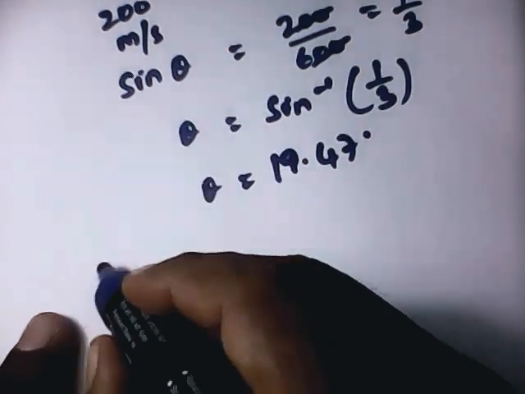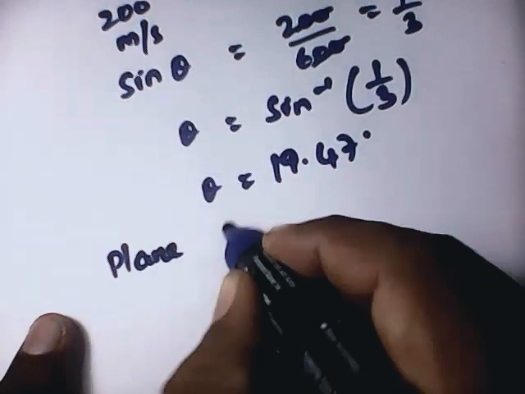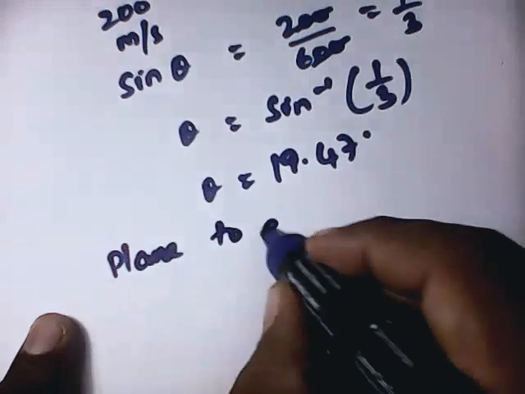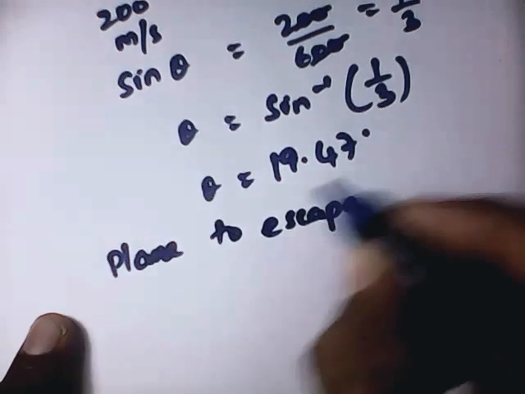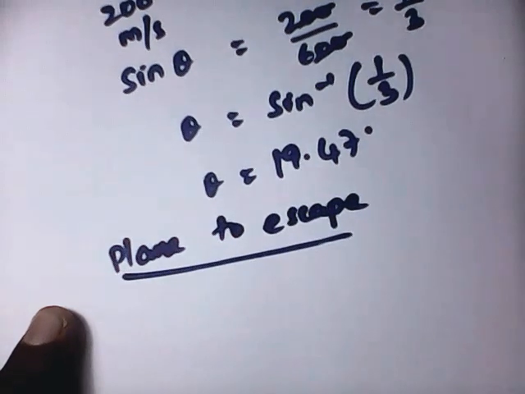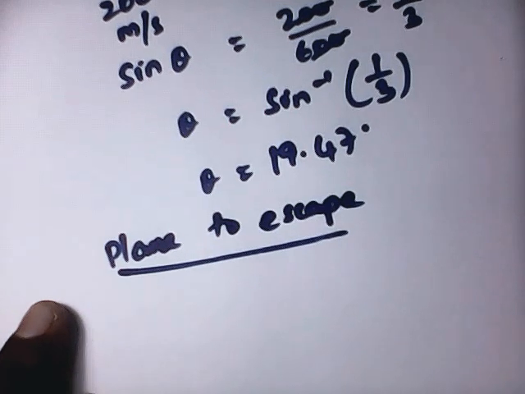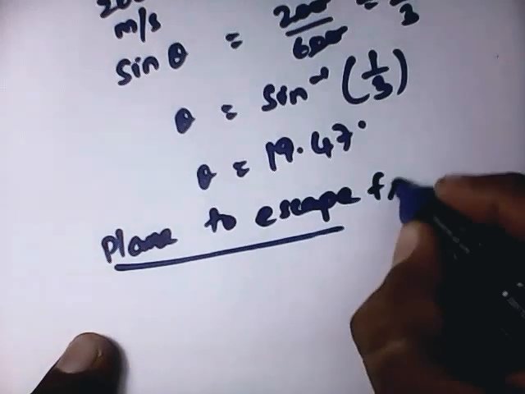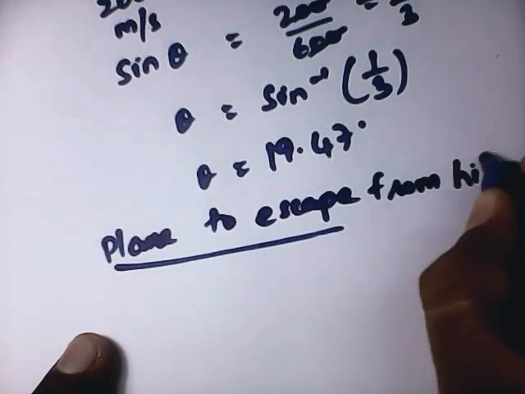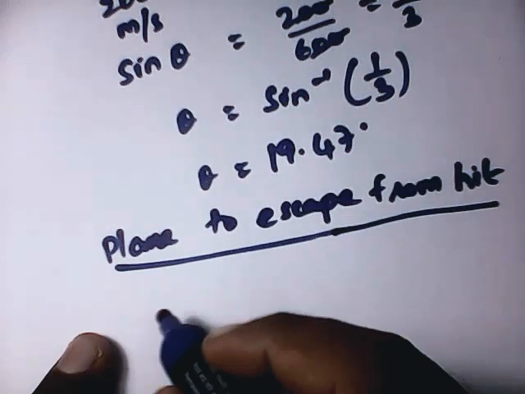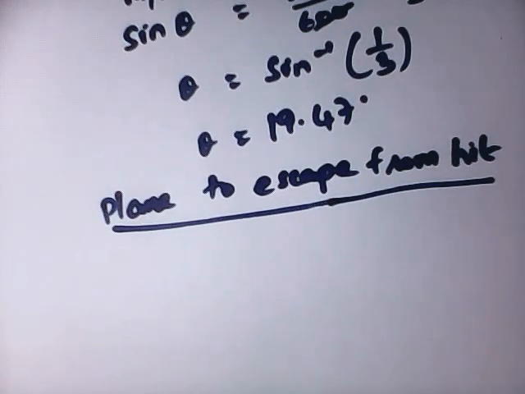So here they are asking, in the second question, for the plane to escape from the hit. So the altitude should be like, what is the formula to find out the altitude?